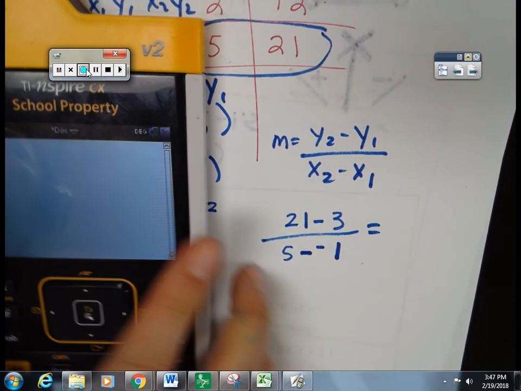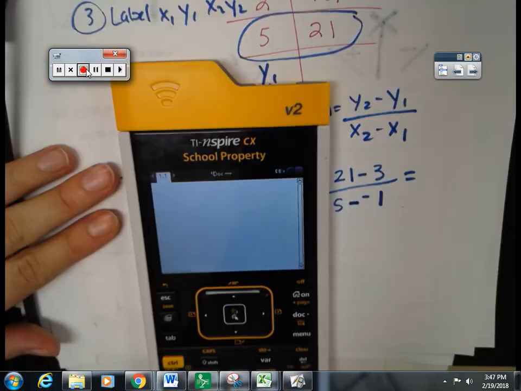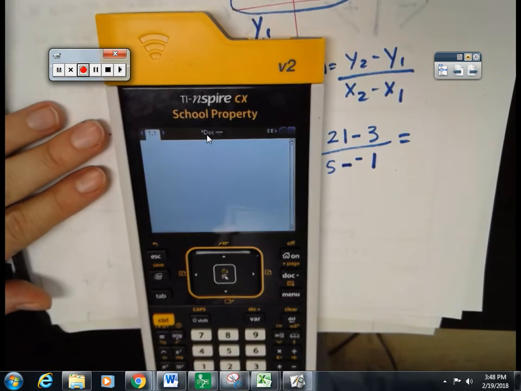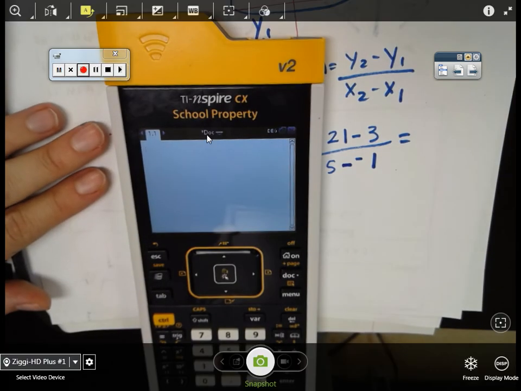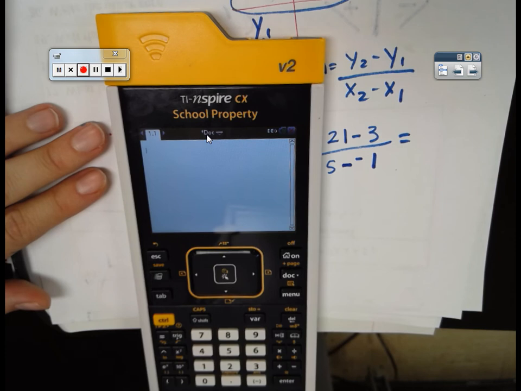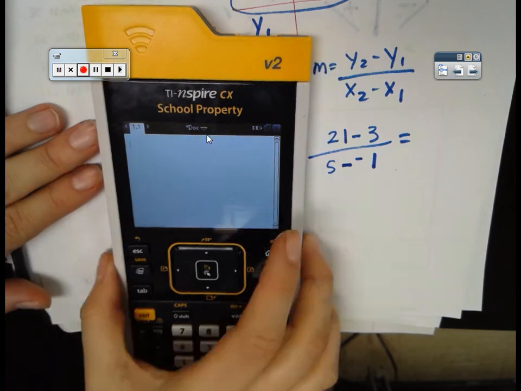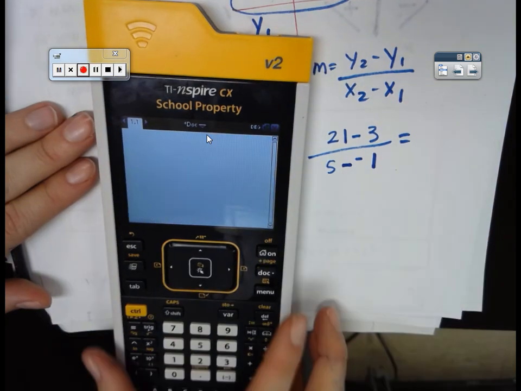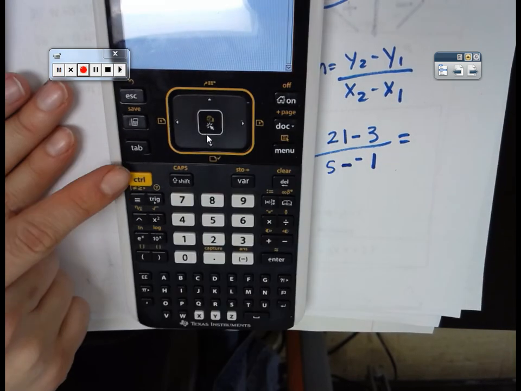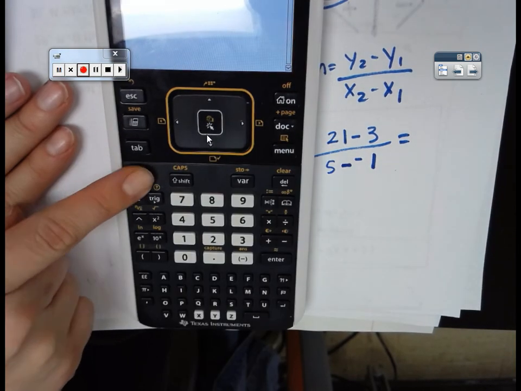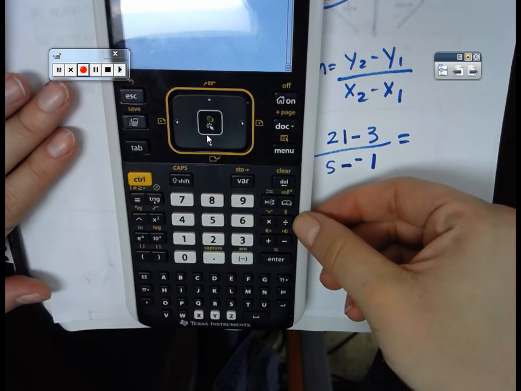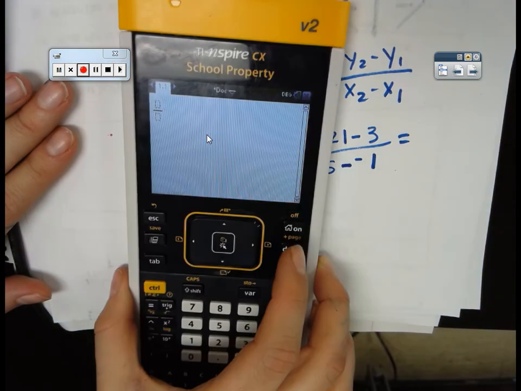And the reason why I like to use this calculator is it reduces the fraction for me. So it's the same one that you'll see on your test, the same one that your friend will get. It'll be the most reduced. So to get it like this, you're going to press Control. That's the yellow one. Alright, and then divide. So you're going to be able to see a fraction.